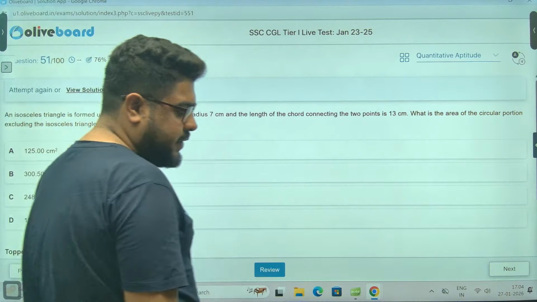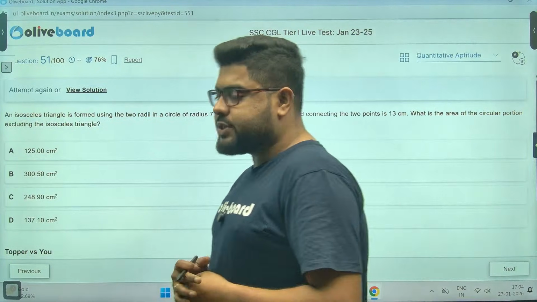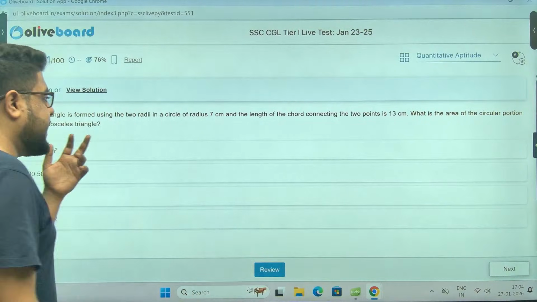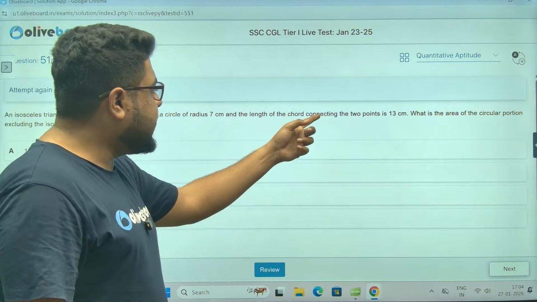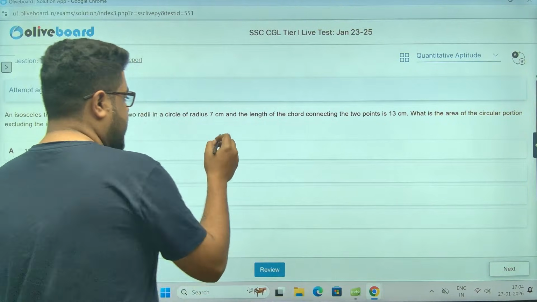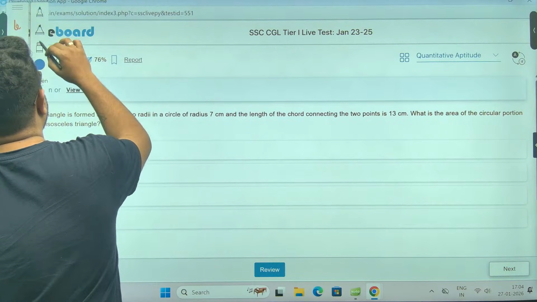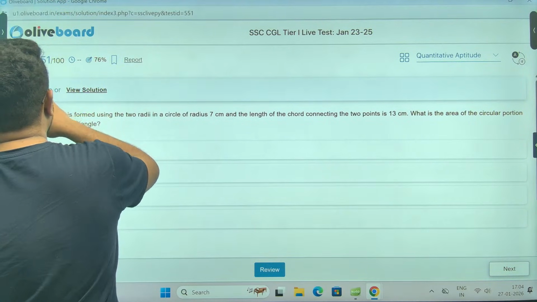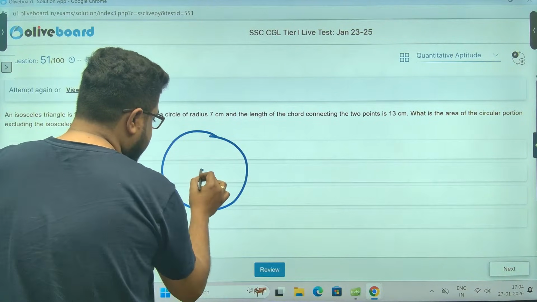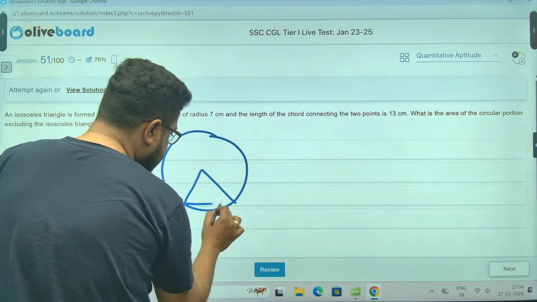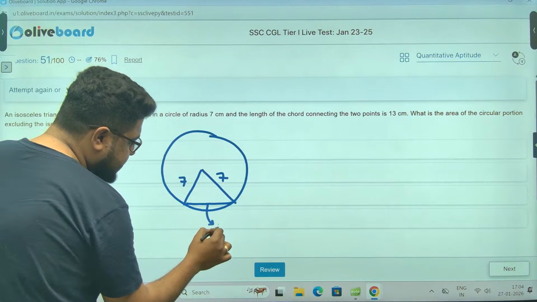Let us start with the first question. An isosceles triangle is formed using the two radii of a circle, 7 and 7, and the length of the chord connecting them. So the circle looks something like this: 7 centimeter here, 7 here, and this one is 13.